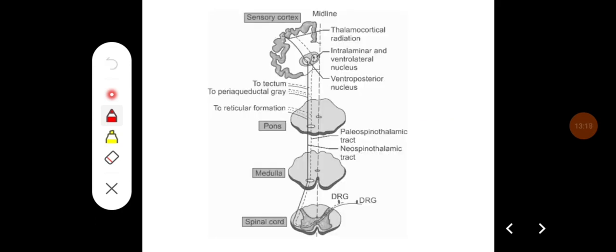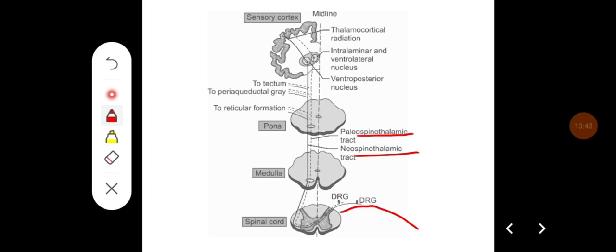This is a diagram showing the pain pathways, the paleospinothalamic tract and the neospinothalamic tract. In both tracts, the first order neuron fibers cross at the same spinal segment to the opposite side of the spinal cord in the anterior commissure.